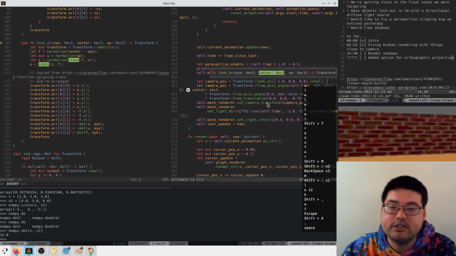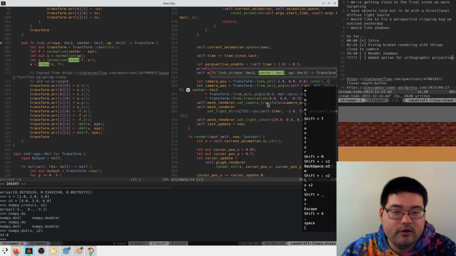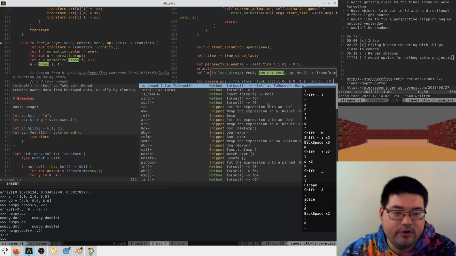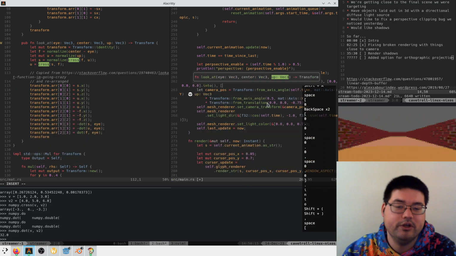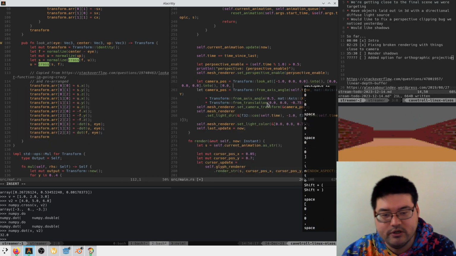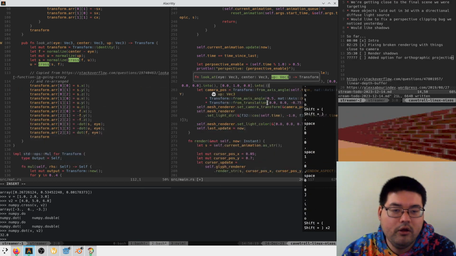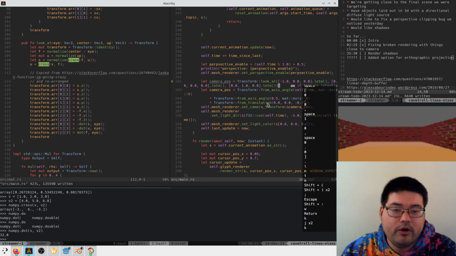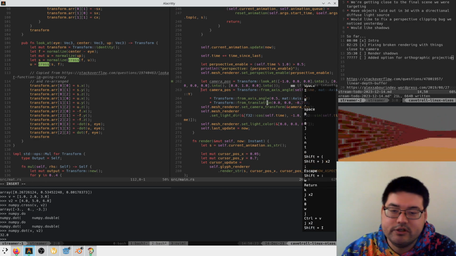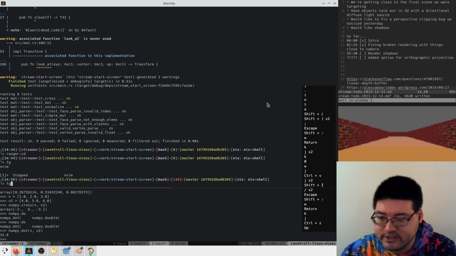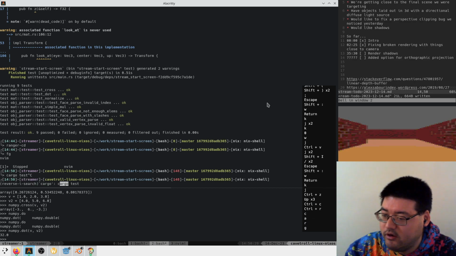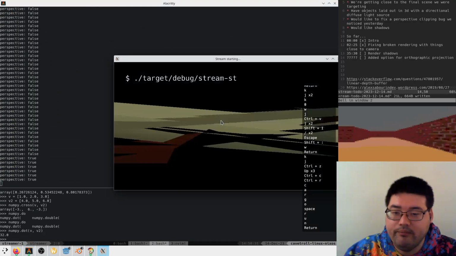Then the center we are looking at is 0.0, 0.0, 0.0, the center of the world. And up we want to be in Y, so 0.0, 1.0, 0.0. We are going to see if that results in us looking horizontally at the center of the world of our scene. And if it doesn't, then we messed up in some way.